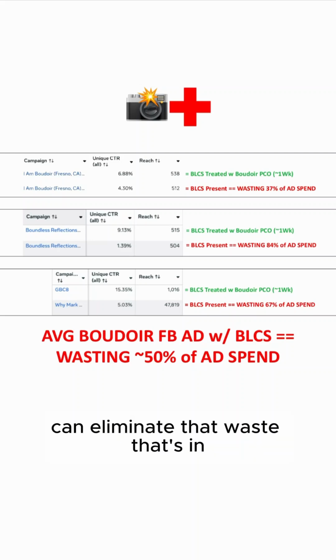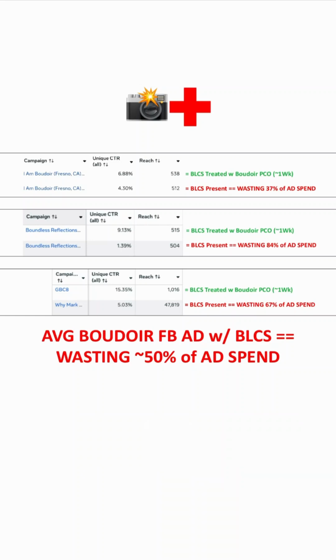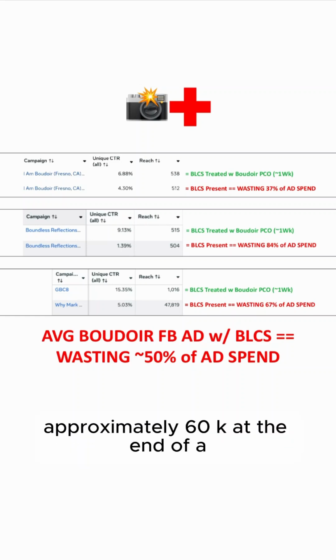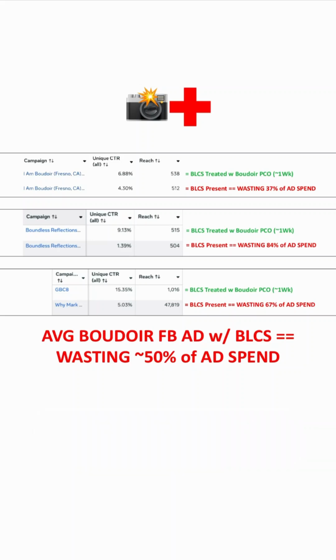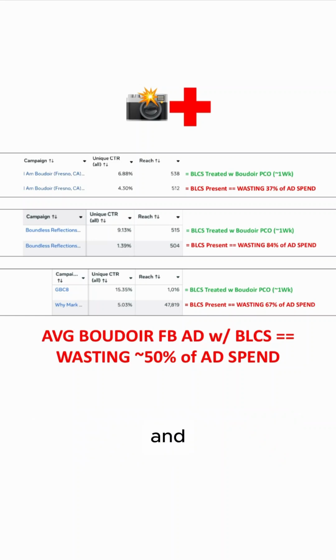You can eliminate that wasted ad spend and put it back in your pocket every single month, and that'd be approximately 60K at the end of a year, at the end of 12 months.